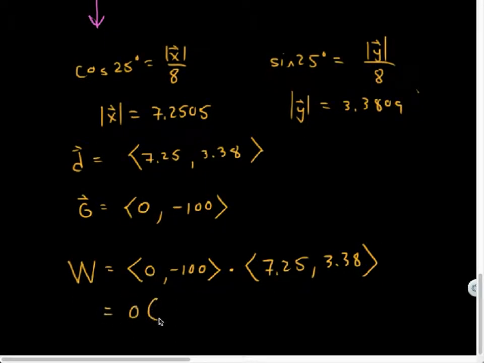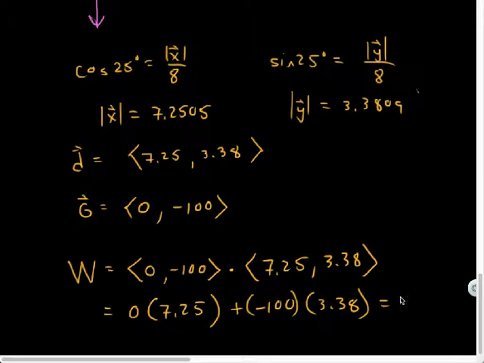And so I'd have 0 times 7.25 plus negative 100 times 3.38. And that's going to equal negative 338 foot-pounds. I need an L there, don't I?